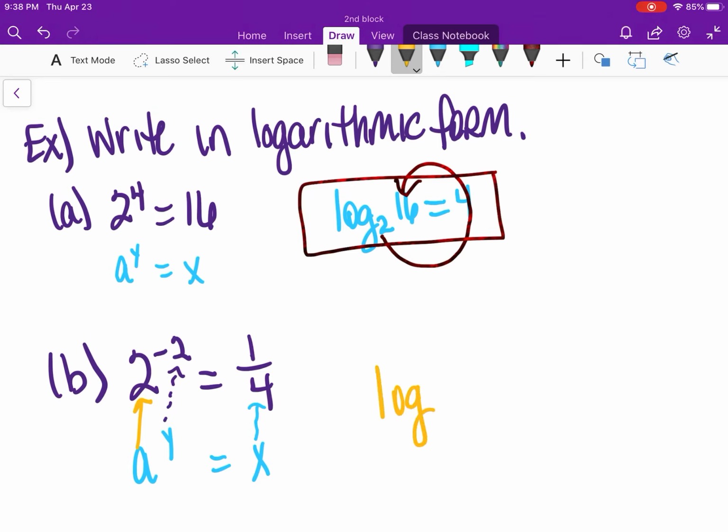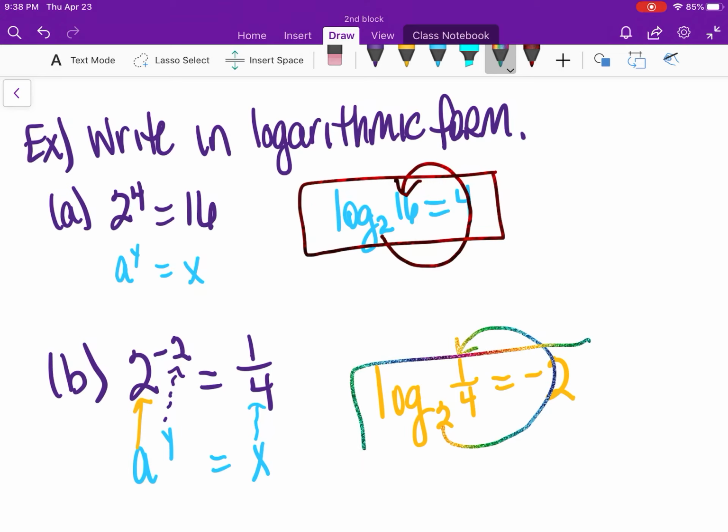Okay. So I write my equation, the log base 2 of 1/4 is equal to negative 2. Once again, do your curly fry to check. 2 to the negative 2 equals 1/4. You got it. So this is your answer.